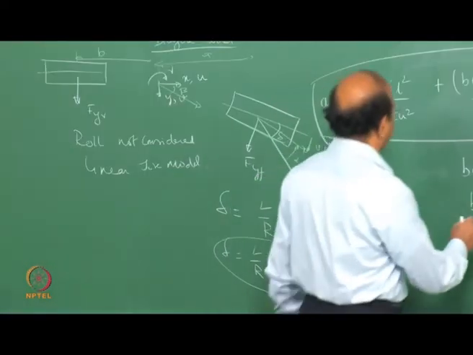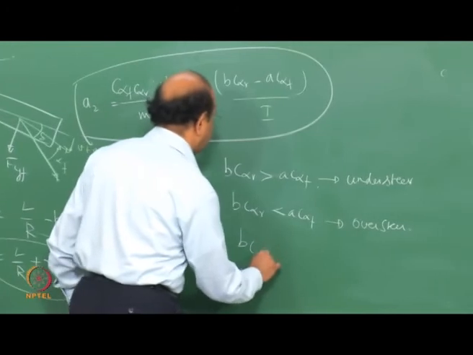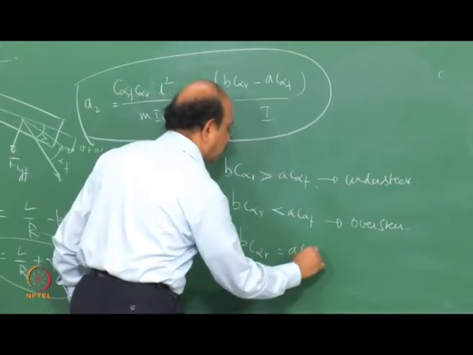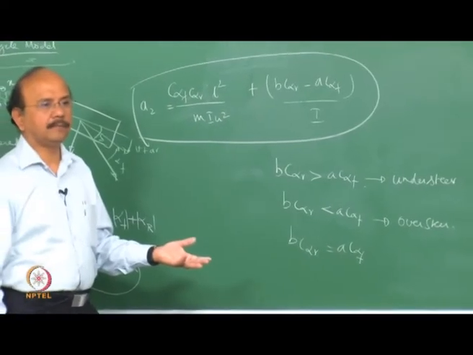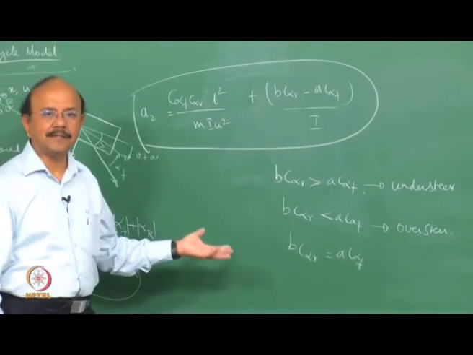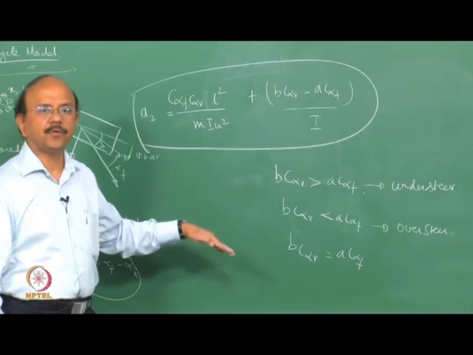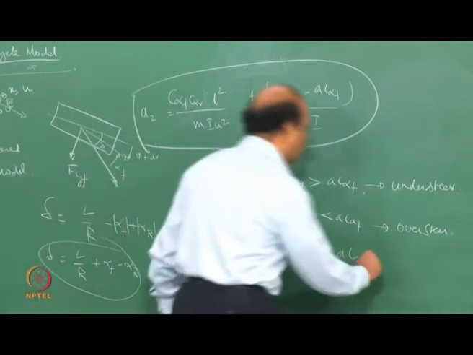Why not BC alpha R equal to AC alpha F? Sure, it's possible, and that brings out a condition called neutral steer.